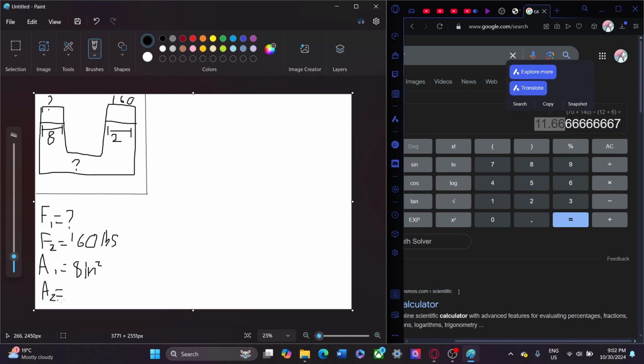Area 2. Two inches squared. So now, oh yeah, PSI. P equals question mark.